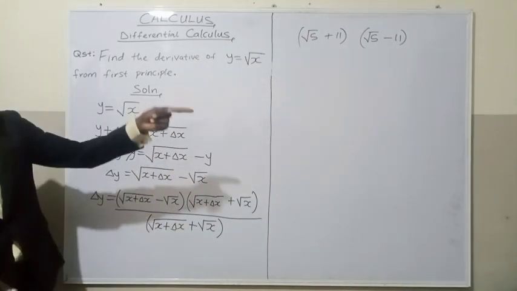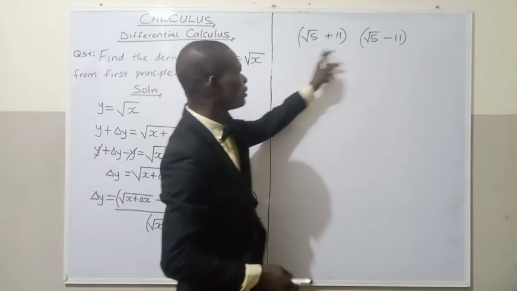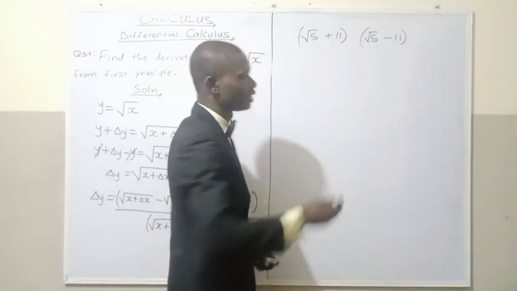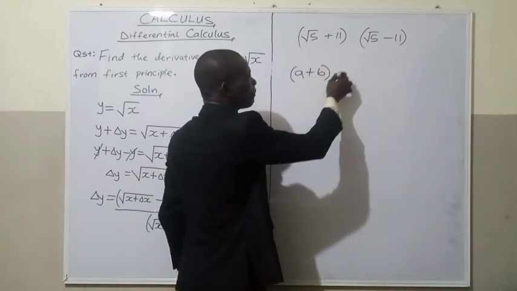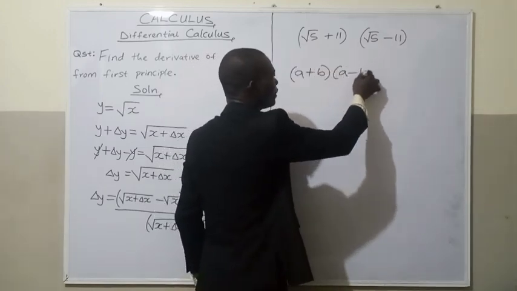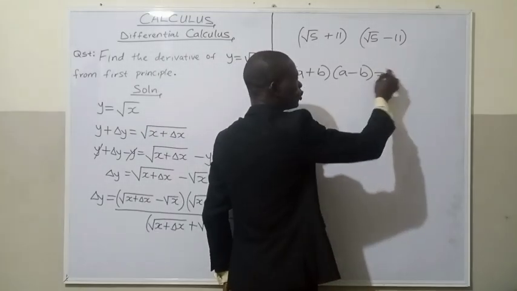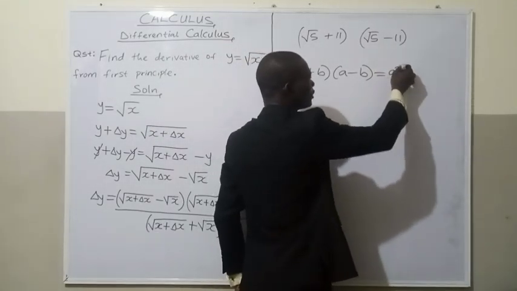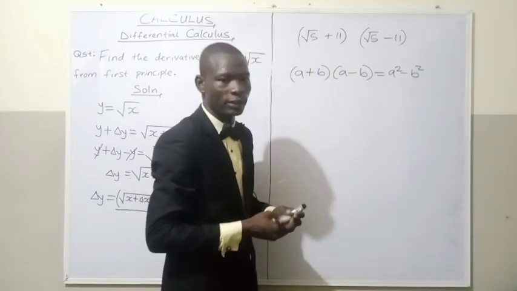And when you multiply a surd by its conjugate, what happens? It's just difference of two squares. Just like when you have a plus b multiplying a minus b. When you expand these two brackets, you are going to come up with a squared minus b squared. So we call this difference of two squares.